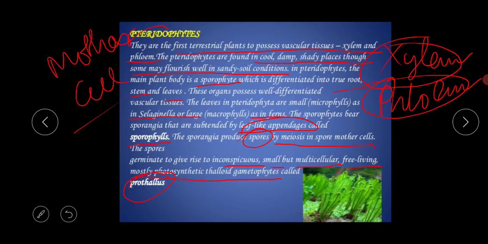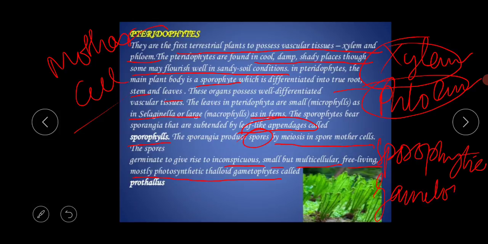I think all of you know that one plant's body has two predominant stages in its reproduction. One is the sporophytic phase, another one is the gametophytic phase. I am writing: one is the sporophytic phase, another one is the gametophytic phase.